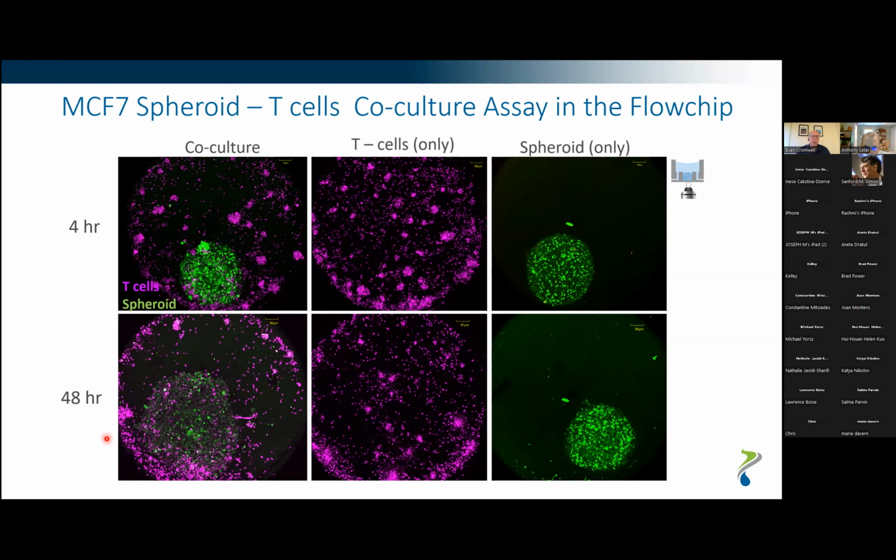So after 48 hours of incubation, here in the green again is your MCF7 spheroid. You can see how the T cells only and spheroid only stay fairly well intact and viable over that 48-hour period. But when you introduce the T cells to the spheroid model, you see disintegration of it, you see loss of viability, and phenotypic changes, so functional change of that tumor model in response to the immune cells.